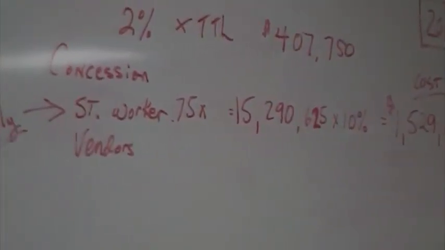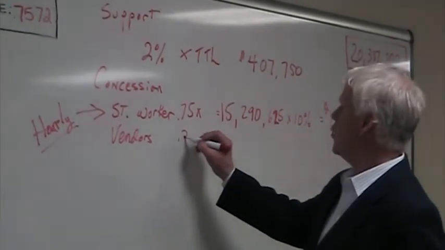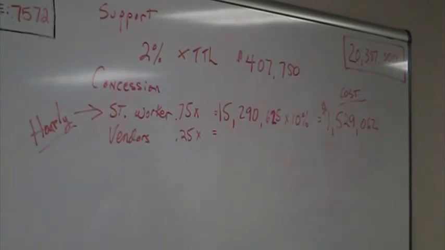Now, the next piece is that the vendors are gonna earn 25% of the revenue. So what's 25% of 20,387,000?